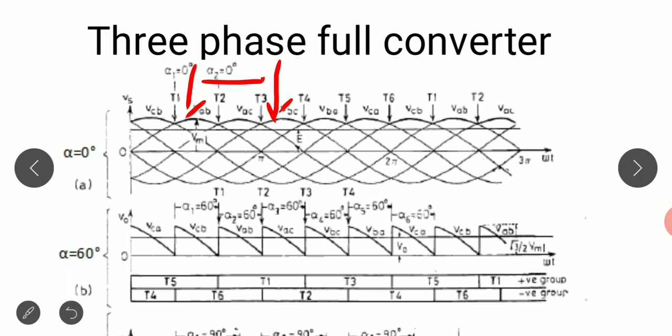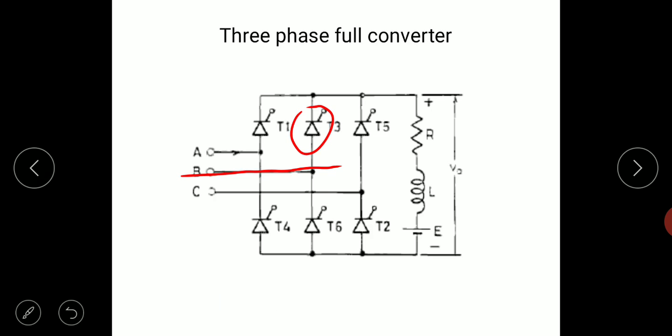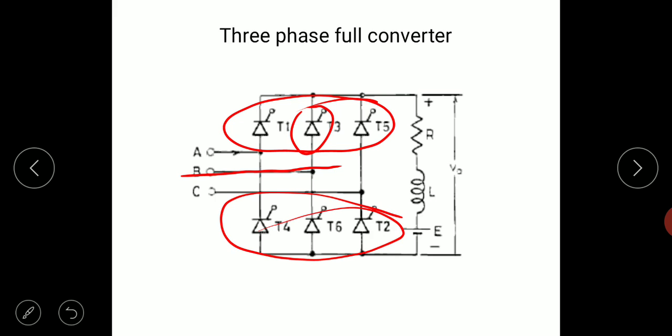Okay, the conduction angle will be 120 degree, because for positive half cycle total angle is 360 degree. So each thyristor will conduct for 120 degree each, and similarly in negative group each thyristor will conduct for 120 degree each.